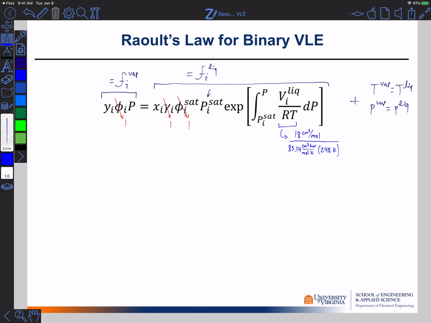If you take a look at this, 83.14 times 298 is a pretty big number. So RT is a pretty big number in most cases compared to the volume term we're getting here, which is the molar volume of the liquid we're dealing with. And as a result, the argument inside the integral here is often a pretty small number. We could calculate this out and see it's a small number in this case.